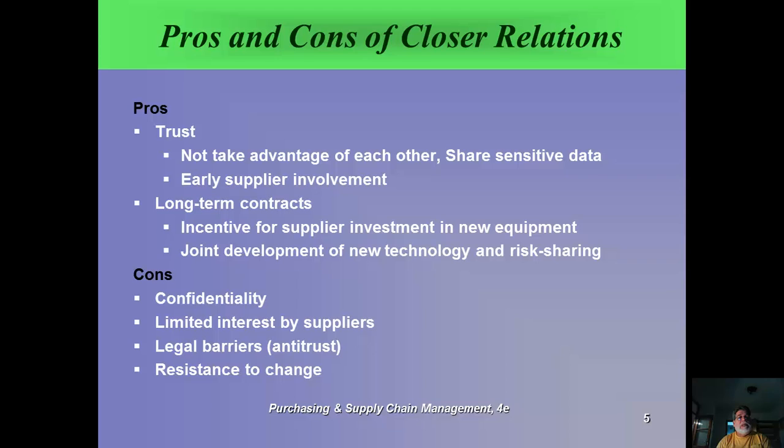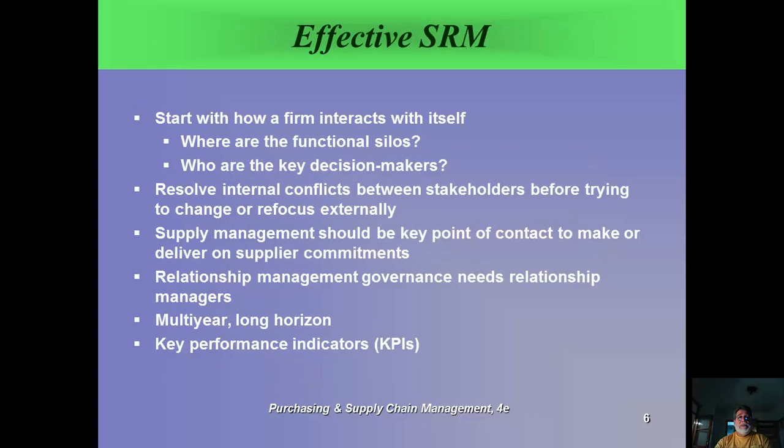We're not used to this kind of stuff. There may be legal barriers, and this usually doesn't happen between buyers and suppliers, but it could for two different companies that have similar technologies and similar markets, like going into a joint venture. And finally, I've already sort of mentioned it, but it's resistance to change. Some companies are not ready to work cooperatively.